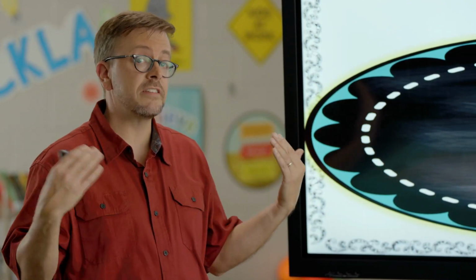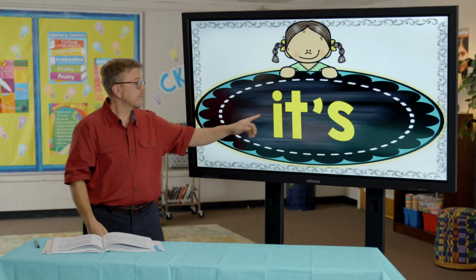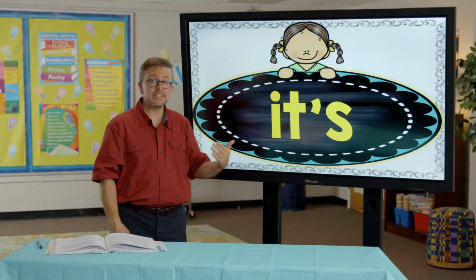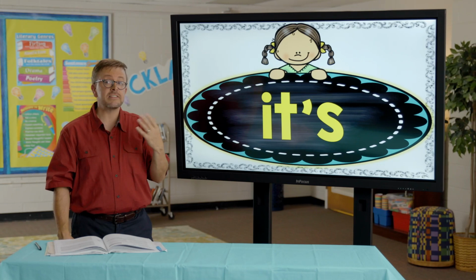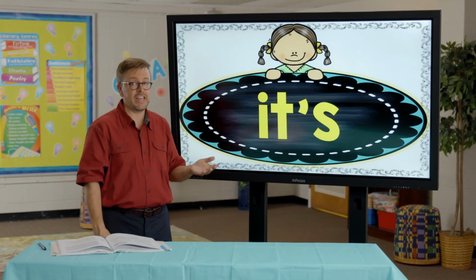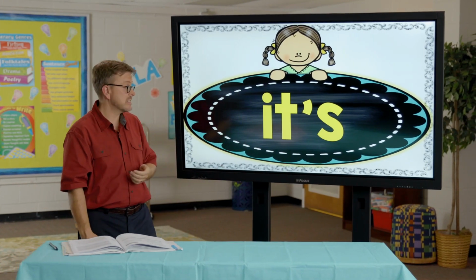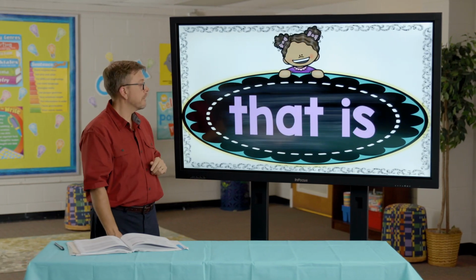You have to read around the contraction to figure out if it is it's, meaning it is, or if it's it's, meaning it has. You have to decide that based off the context around the word. So again, in it has, the apostrophe is actually replacing the H and the A, not just the I in it is. So keep that in mind.